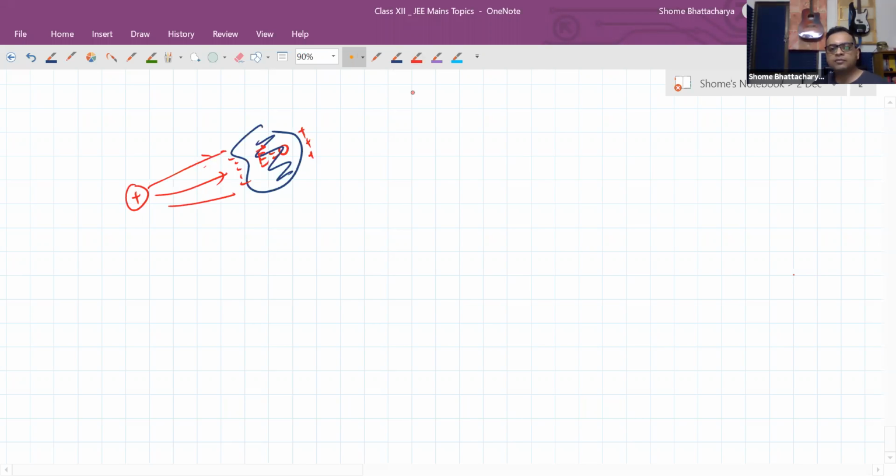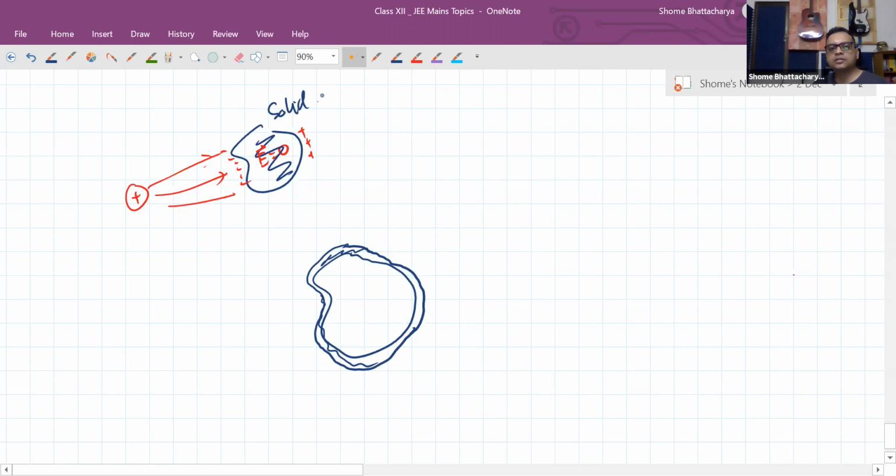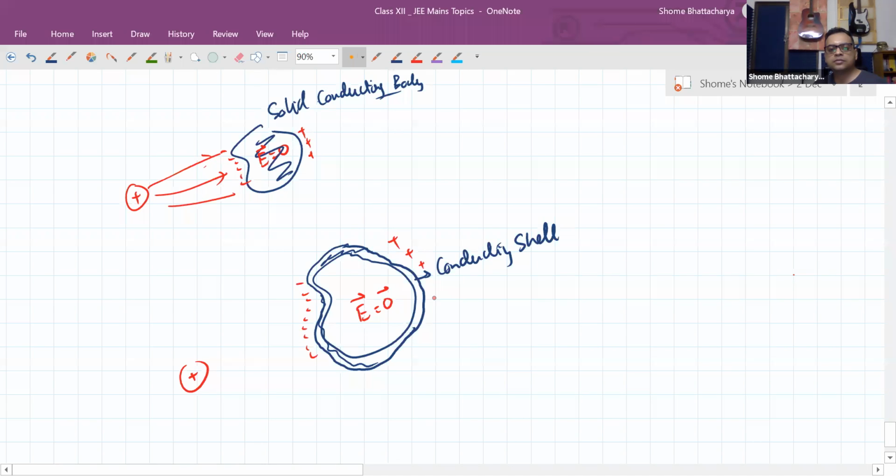But not only that, if you have a hollow metallic shell of any shape, even then the same thing will happen unless I separately place some charge inside. So this is a solid conducting body. Okay. This is a conducting shell. Any charge placed outside the shell, the region inside will be shielded from that in terms of electric field, because again, there will be that kind of induction that occurs. Okay, so we all know this.